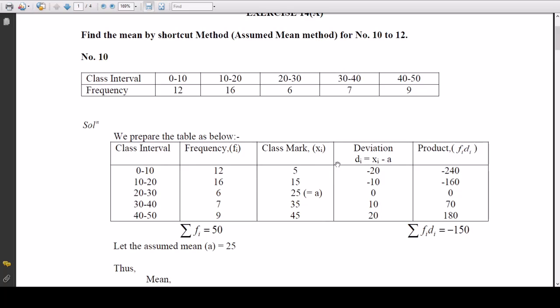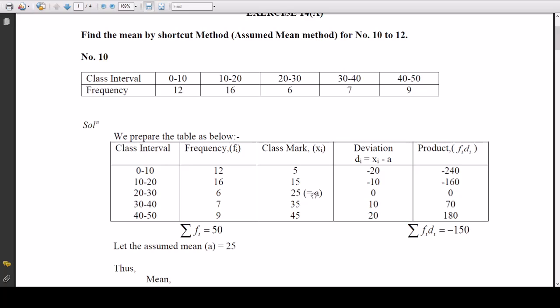Deviation d will be xi minus a. What is xi? This is 5. 5 minus 25 is minus 20. Then 15 minus 25, you get minus 10.